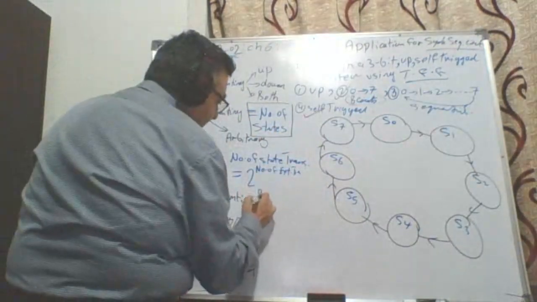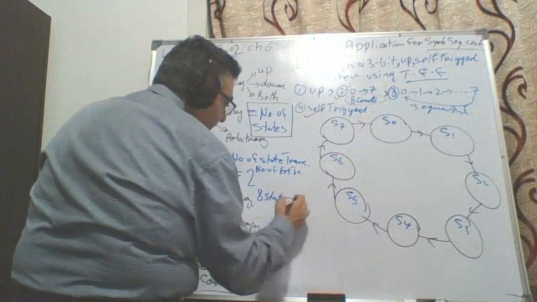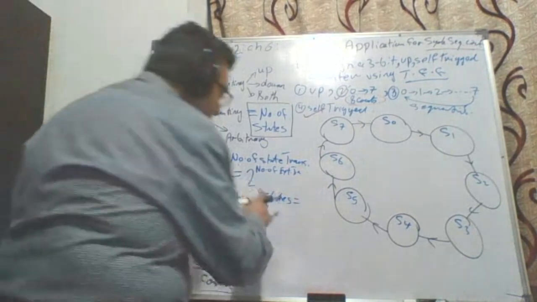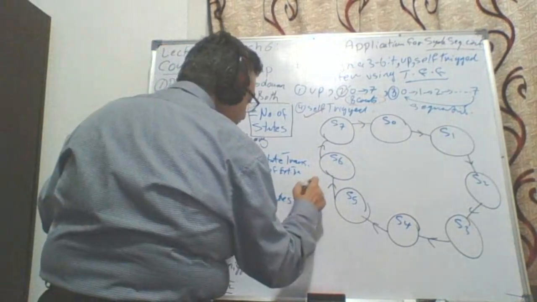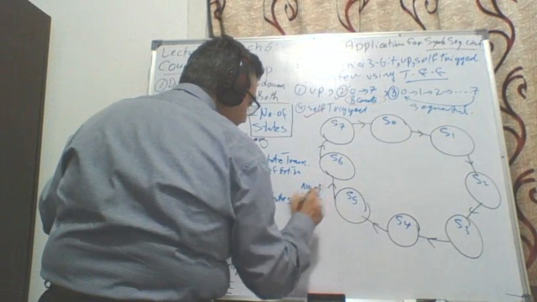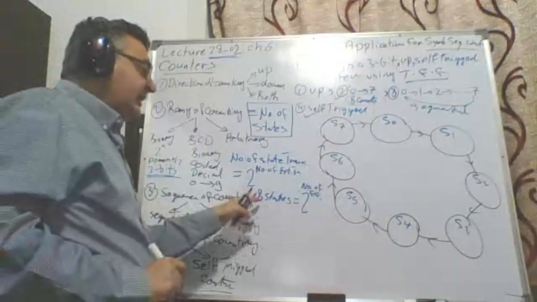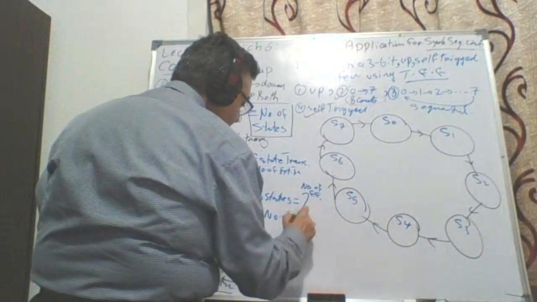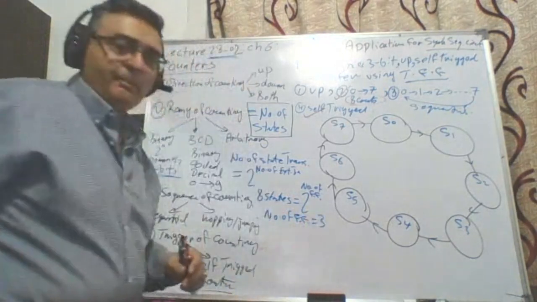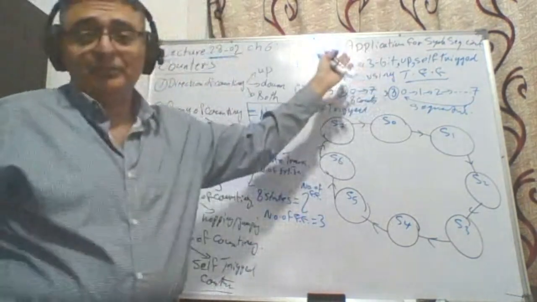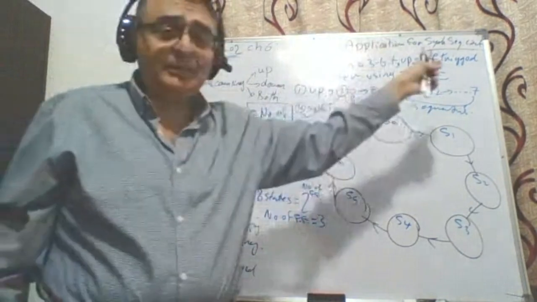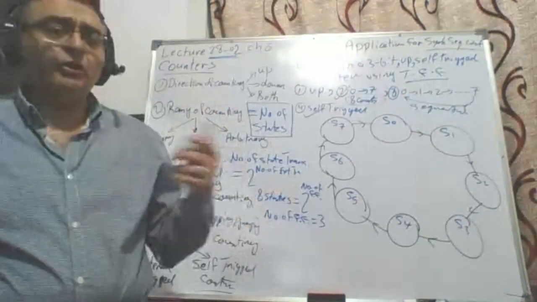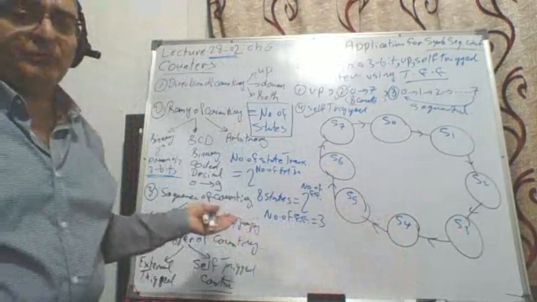Since I have 8 states, I can recognize the second golden rule for the state diagram: the number of states equals 2 to the power of the number of flip-flops. So since I have 8 states, the number of flip-flops equals 3. And this is, by the way, inherited in the problem. It tells me from the beginning it's a 3-bit counter, so 3 flip-flops. Each bit is one output from a flip-flop.